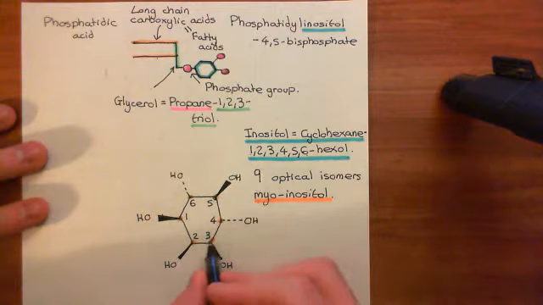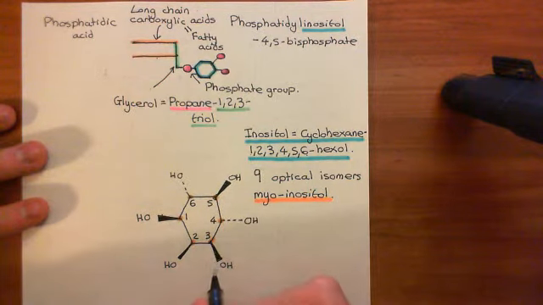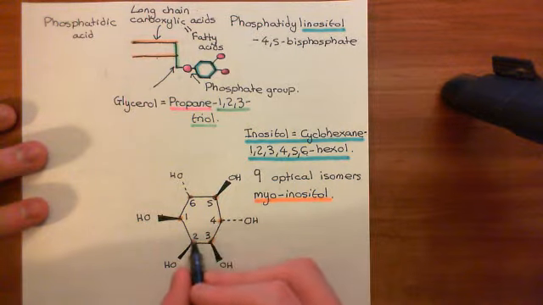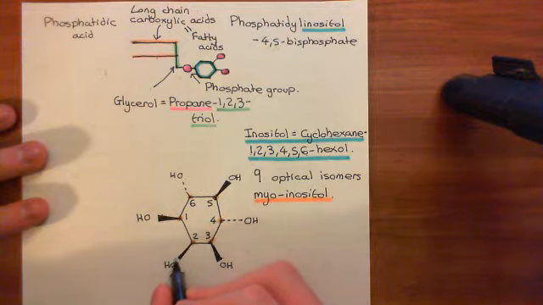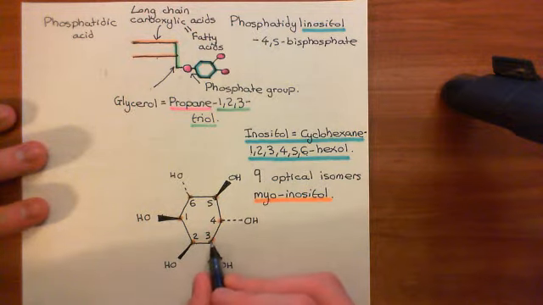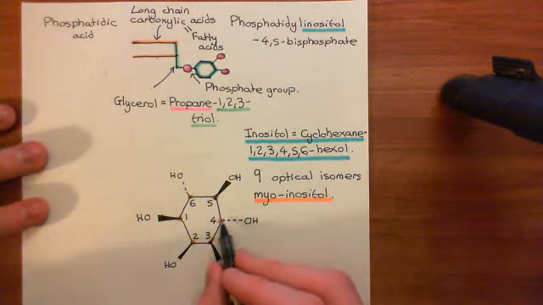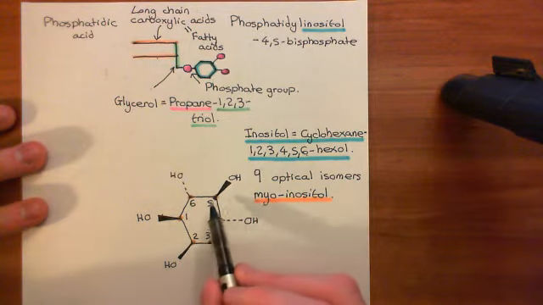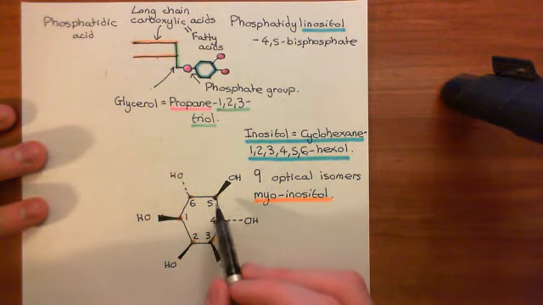Whereas the third carbon, its alcohol group comes out of the page towards us, and it is positioned in between two carbons, one of which has its alcohol group coming in the same direction as the alcohol group coming off the third carbon, and one which has it going in the opposite direction. So it is fundamentally different from the fifth carbon. Subtly, I agree, but it is fundamentally different.